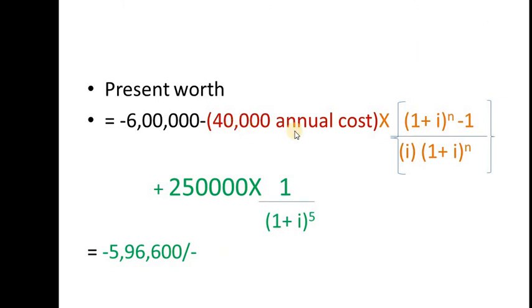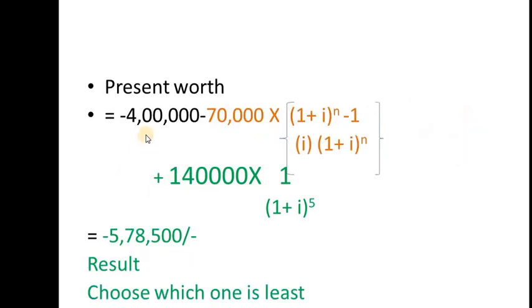See that 40,000, (1 plus i) to the power n minus 1. So you have to choose the formula based on what is given. So 5,96,600. For alternative 2 also it must be the same. It is not going to be a different one. So alternative 2: 4 lakhs, annual maintenance cost 70,000, plus salvage value.